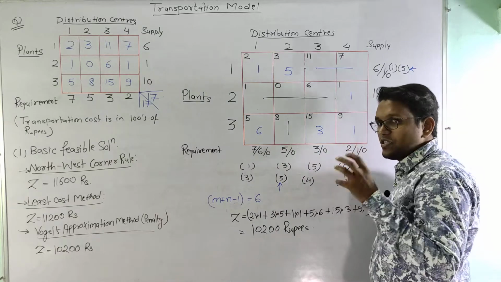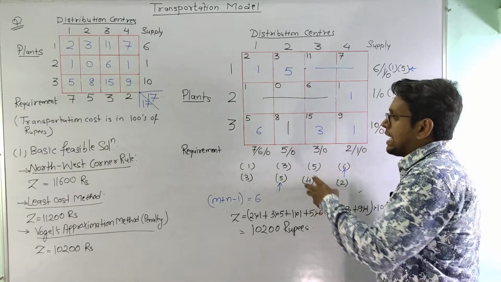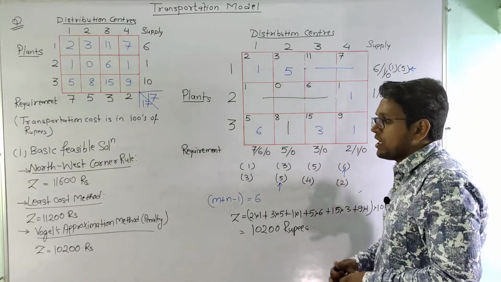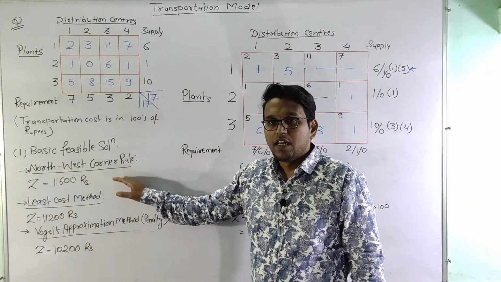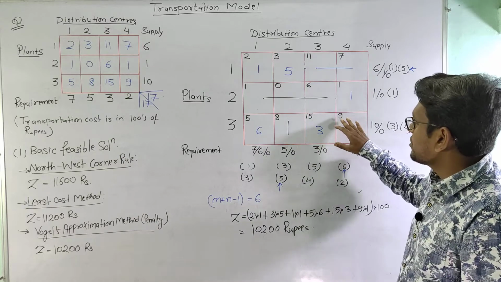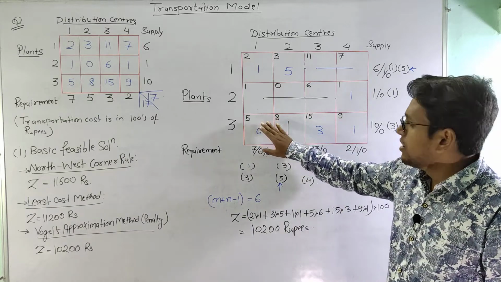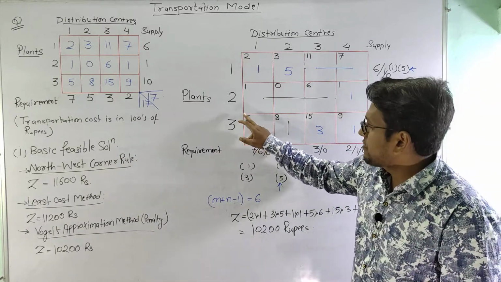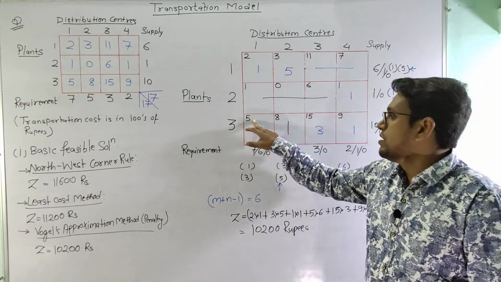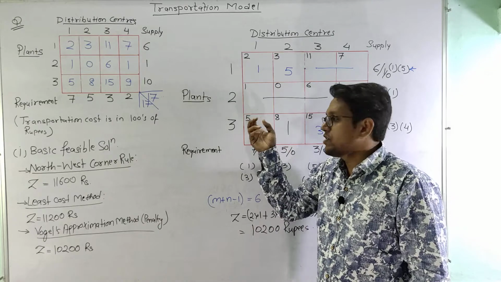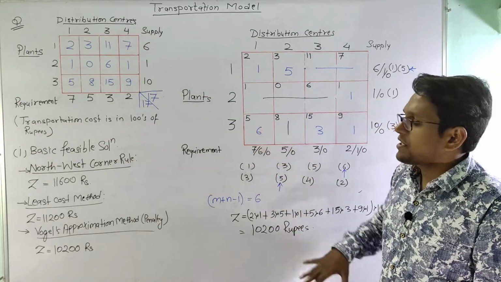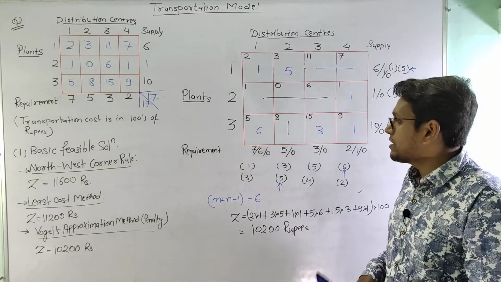So these are called forced allocations, and because we don't have choices there may be differences in the value of z, and it depends on the transportation cost in these particular cells. Suppose if this value of transportation cost is not 5 but some greater value around 15 or 20, that means our transportation cost will be increased.